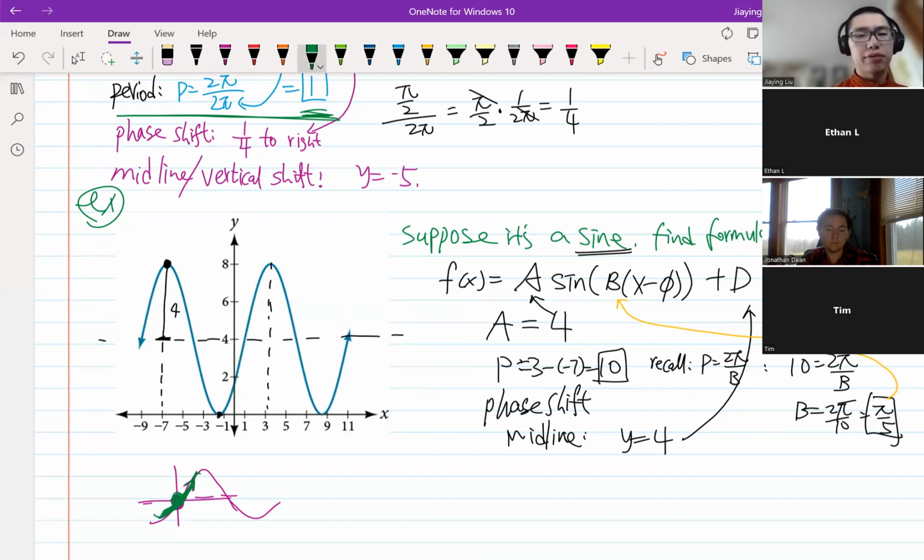So I'm going to pick the one right in the middle of the graph. If I treat the function as a positive sine, I'm going to have to look at this part and see how much that has been shifted from the y-axis. It looks like this point in the middle here on the y-axis is corresponding to 1. So it looks like we shifted to the right by 1 unit.